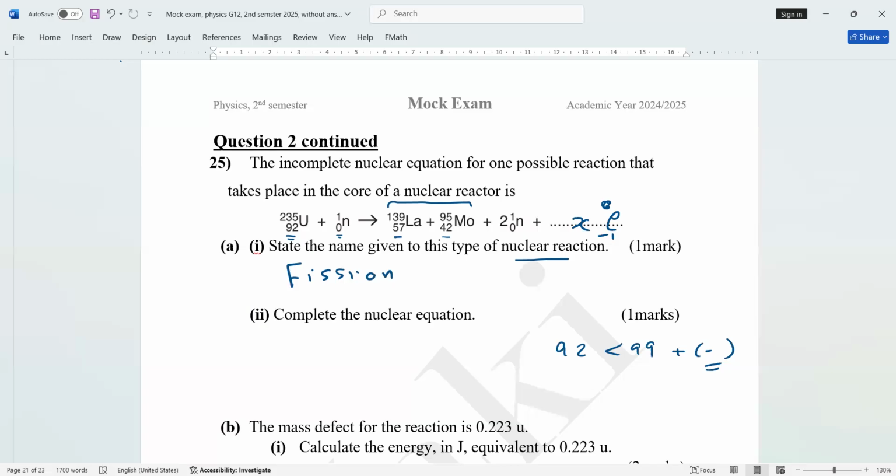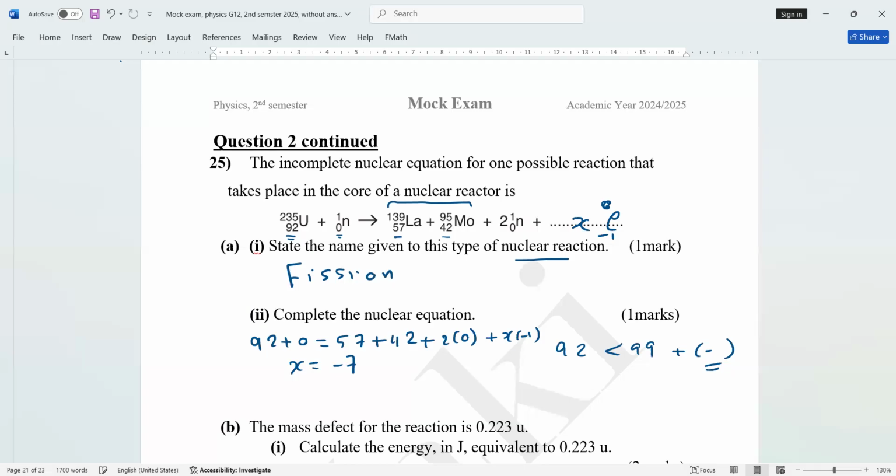So by using the bottom numbers, 92 plus 0 equals 57 plus 42 plus 2 multiply 0 plus X multiply -1. From this, X equals -7.